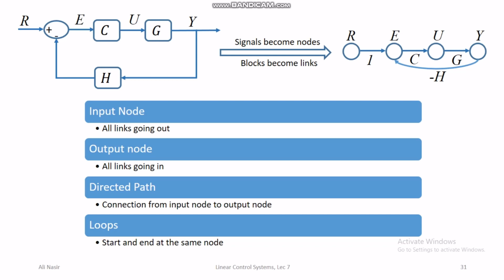So for example, if you take the node E, from node E the path is from E to U and U to Y and from Y back to E. So there is a loop in this signal flow graph from E to U and U to Y and back to E. Okay, so these are the nomenclatures relevant to the signal flow graph: input node, output node, direct path, and the loops.